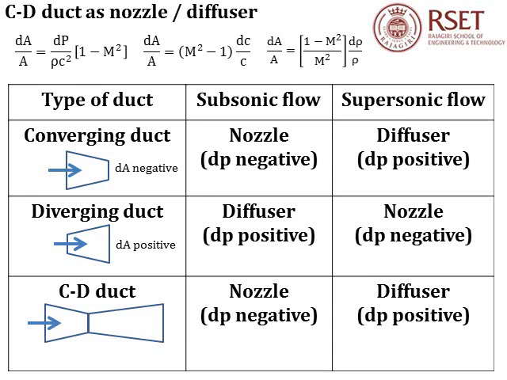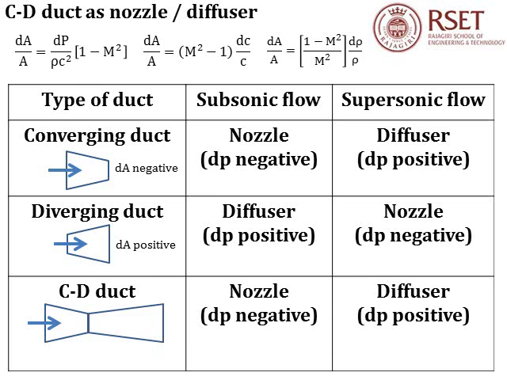This flow, when passing on to the diverging duct will act as a diffuser and further decelerate the flow, resulting in a continuous increase in pressure, and the entire CD duct will act as a diffuser.